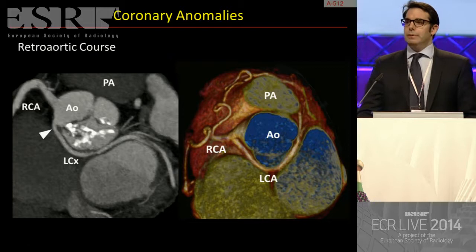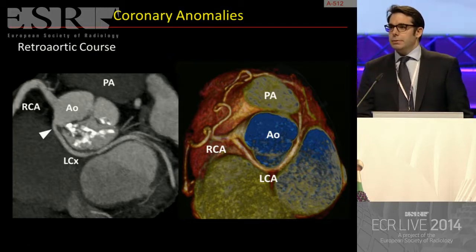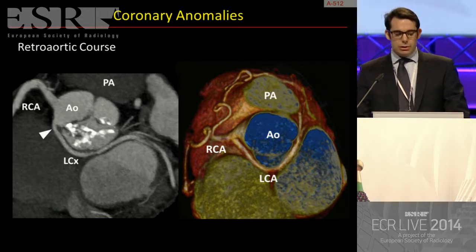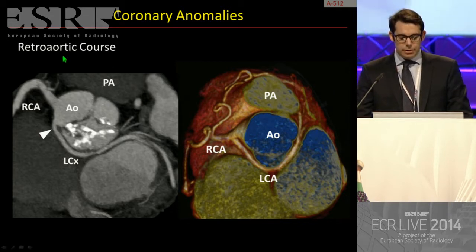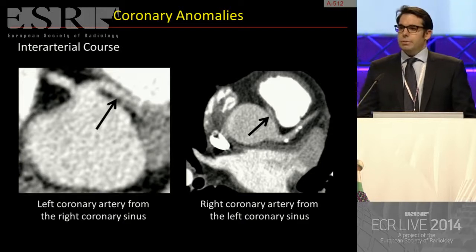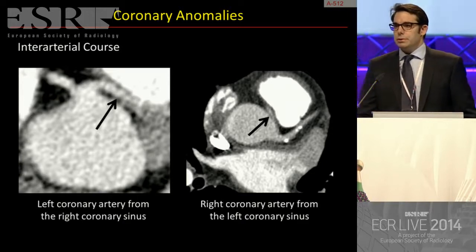And usually when we divide coronary anomalies, we divide them according to their course and origin, whether it's retroaortic, this one, or this one. For example, this is a single coronary artery, and it's an RCA, and everything is coming from the RCA. Retroaortic course. And then we have another one, which is interatrial course.